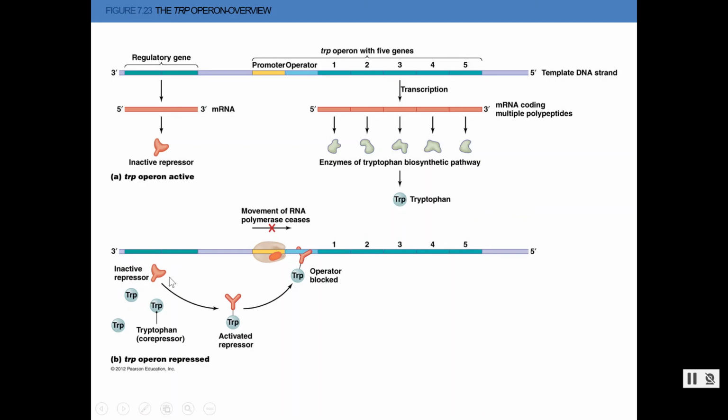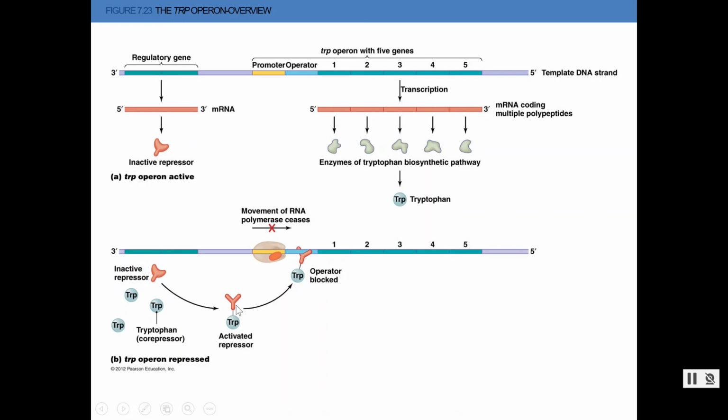All right, so how do we do that? All right, remember we have all this inactive repressor that's been made. And again, this is one protein. It's very easy to make this one protein, even if we're not using it. But the shape change wasn't right to block it. Well, if I have a lot of tryptophan, tryptophan will actually bind to this inactive repressor that was made by this regulatory gene. It'll bind to this inactive repressor, cause a shape change.